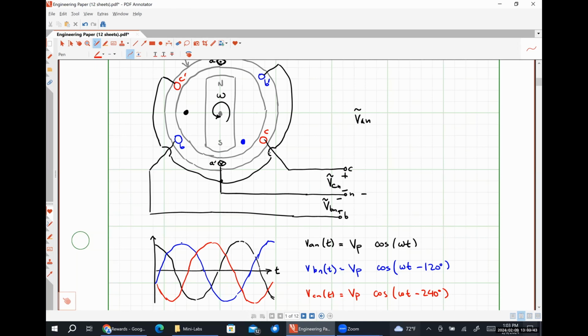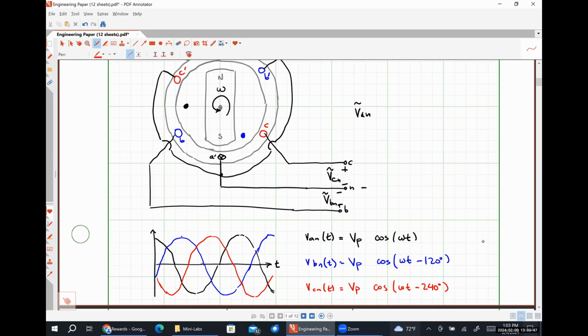All right. So here's how our voltages are generated, and hopefully super obviously, all of these can be converted into an RMS phasor as well. So we might have some RMS phasor voltage VAN, that would just be VP divided by the square root of 2 with an angle of 0 degrees, and so on and so forth.